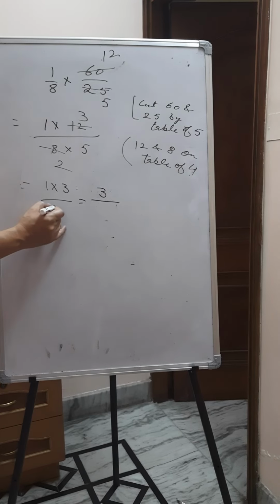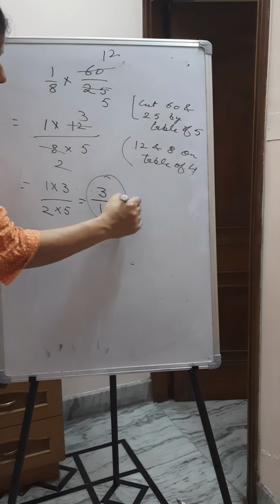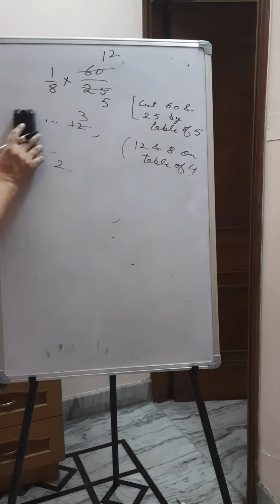Multiply denominator 2 into 5 to get the denominator in the answer, and this is the answer. The thing is, multiply numerator to numerator to get the numerator in the answer, and multiply denominator to denominator to get the denominator in the answer. I hope that this is clear.